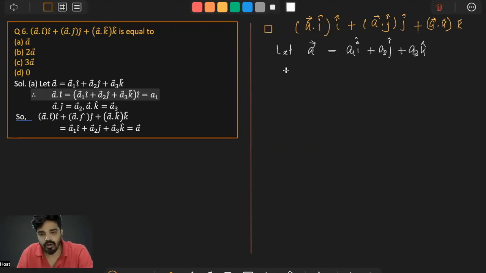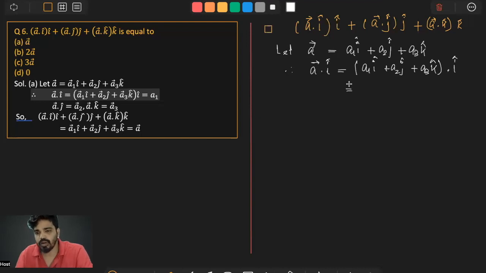So what is A dot I? Therefore A dot I, that means simply A1, isn't it? See, what is A? A is A1 I plus A2 J plus A3 K, dot I. I dot I is 1, J dot I is 0, K dot I is 0, so that means you get simply A1.